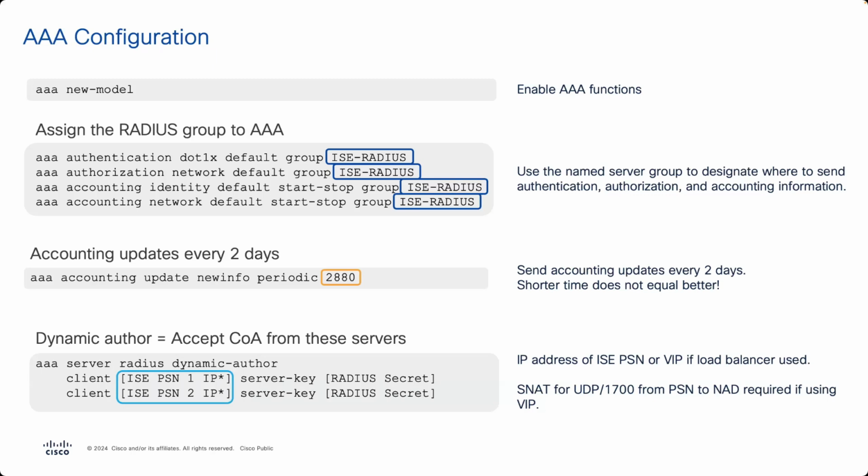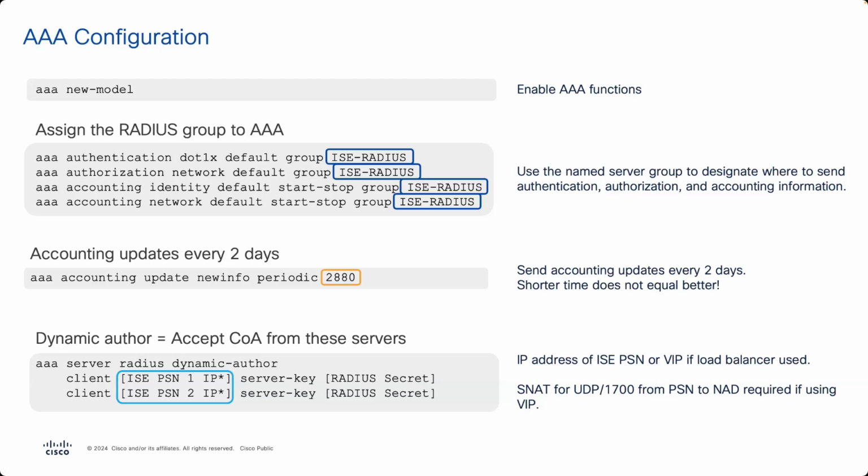So if you ever have COA issues, hey, I'm trying to bounce this connection, it's not working, and I see in ISE where the dynamic authorization packet failed.